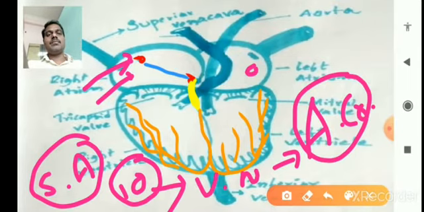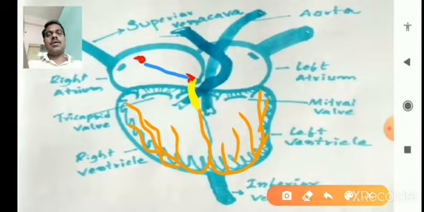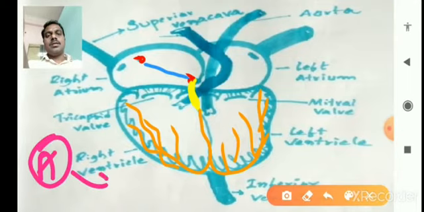At the same time another nerve is there, which we call the accelerator nerve, or the sympathetic nerve. That nerve releases a substance that we call sympathin.